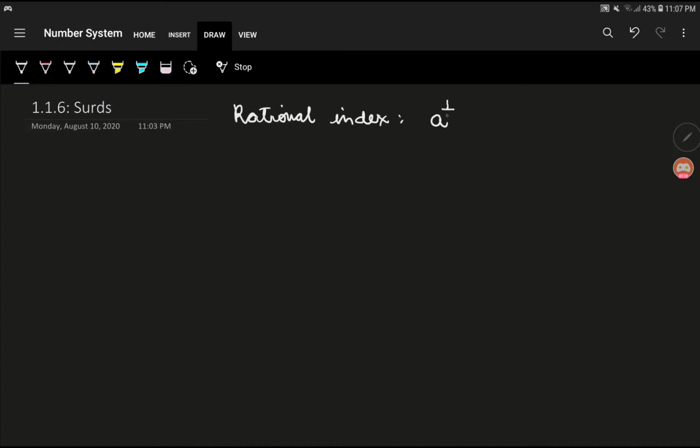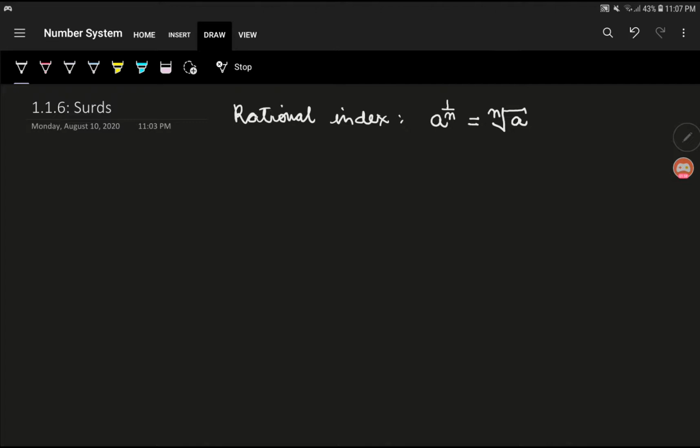When we have a rational index, that is, an index in the form of a ratio or fraction, we can rewrite that index in terms of Surds. So a to the power of 1 over n can be written as the n-th root of a. This is what I mentioned a little bit in the previous video. So we will go into Surds and related topics.